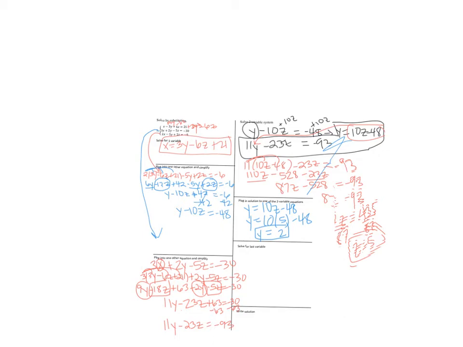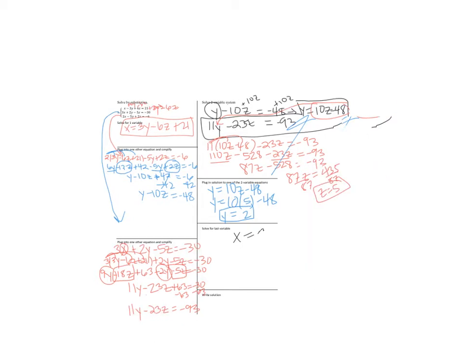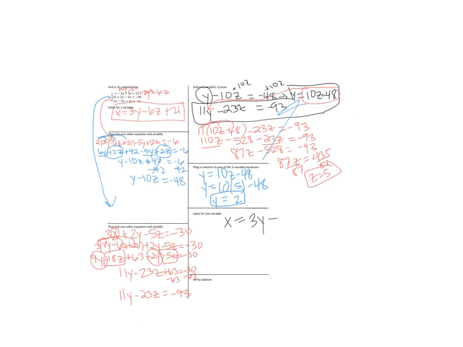All right, and we gotta solve for x. And to solve for x, I can use that x equals equation that I used earlier. X equals 3y minus 6z plus 21, and I have to plug in y and z. So my y is 2, so 3 times 2, minus 6 times my z being 5, plus 21.